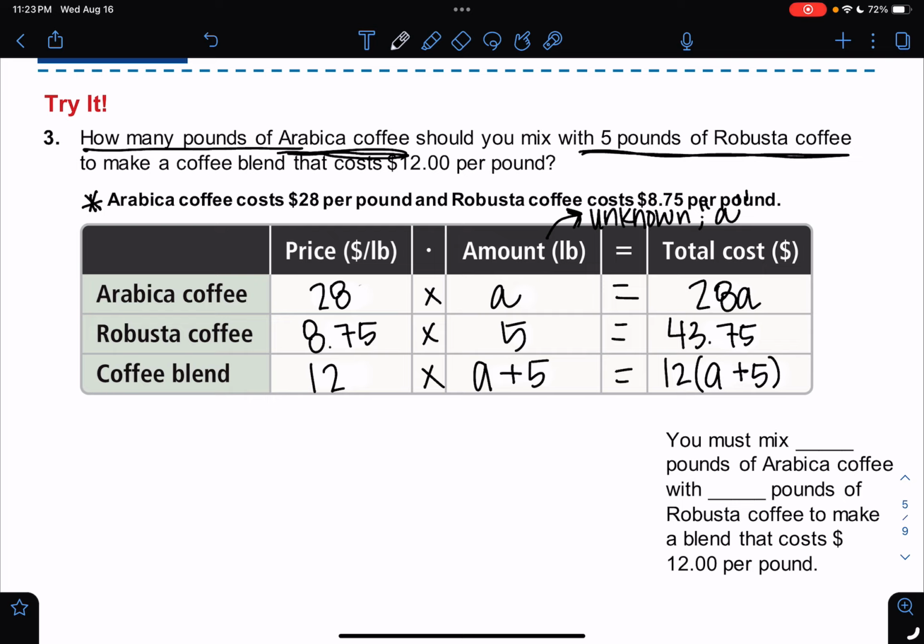So we got it all into our table, so it's organized. Now let's make an equation to solve for this, because we really need to solve for that A value.